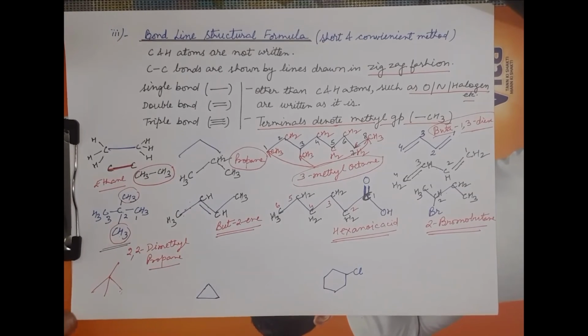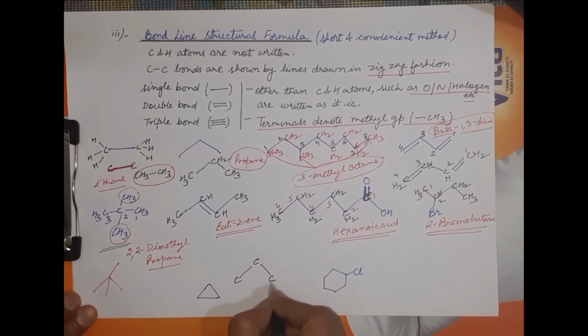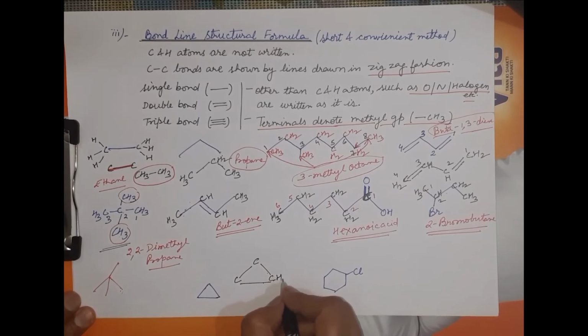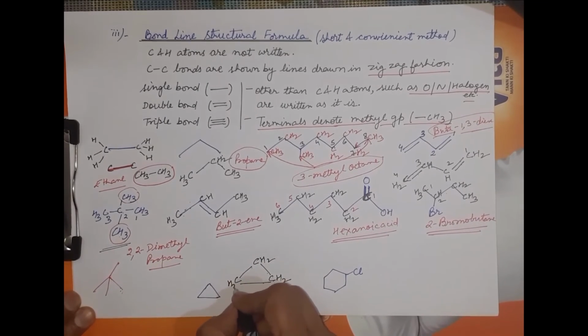So then we can have this another example. Here a cyclic compound is there. So we can see these 3 carbon atoms are there. So if we write like this, 3 carbon atoms are there. This carbon is having 2 single bonds. So it will be CH2, same with this and same with this.